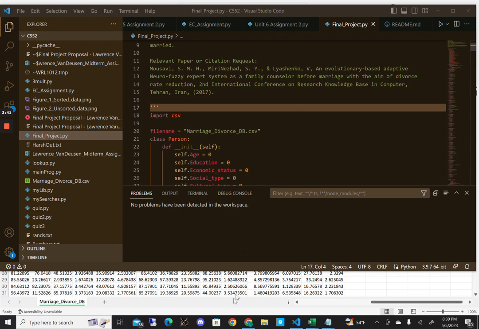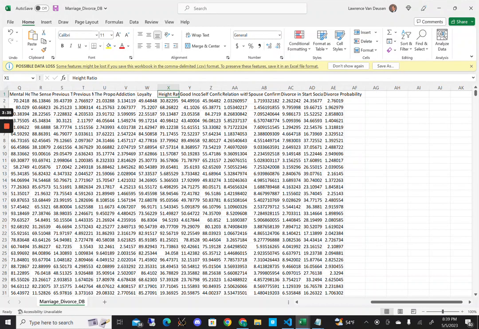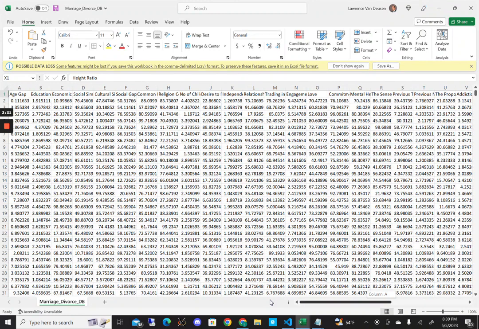The data set that I downloaded off of Kaggle was 10,000 rows that I expanded. And it has these 30 criteria: the age gap, education, economic, social stimulus. These are some of the criteria. And as a combination of integer and float values that were scored based on that. Some of them being values from 0 to 5, others being more of a percentage value.